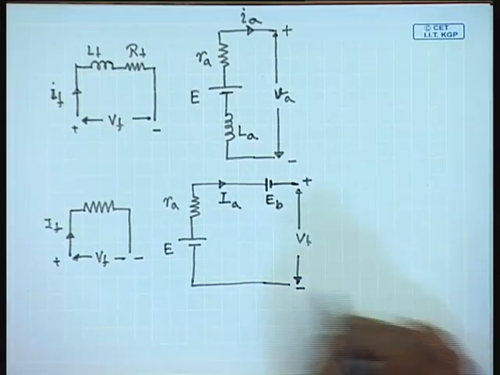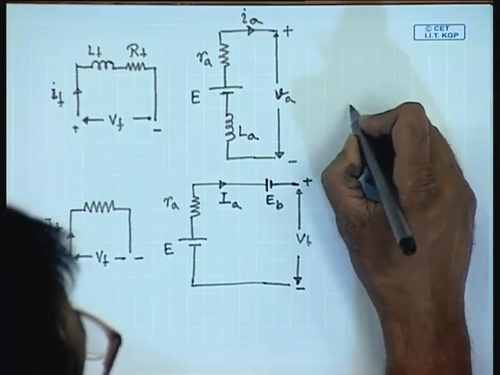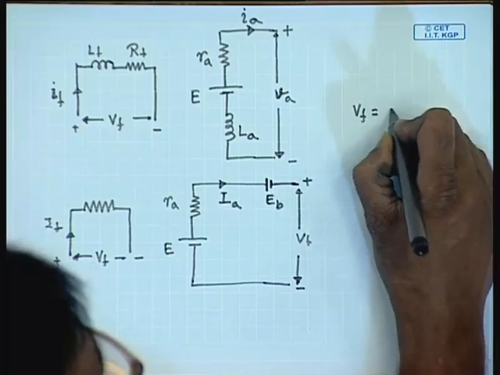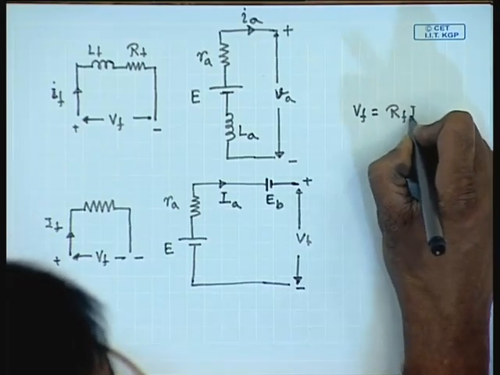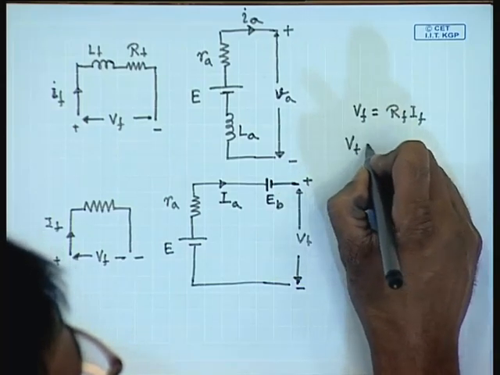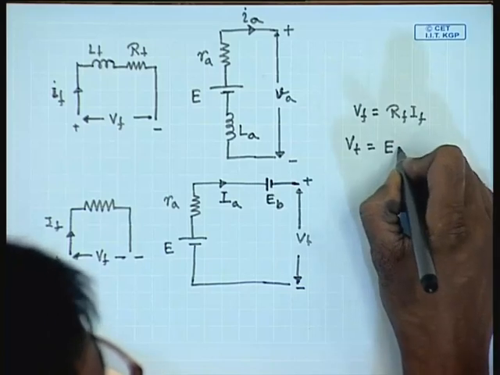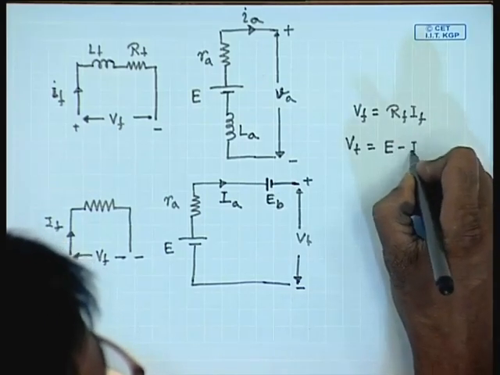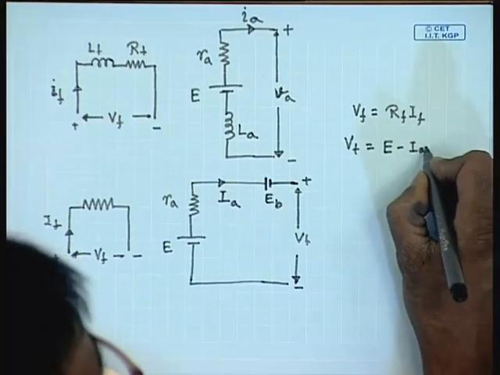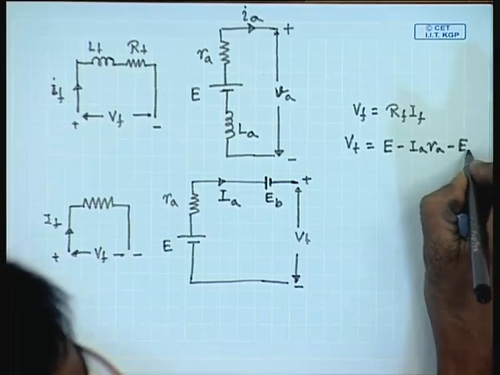Therefore, the steady state equations of a DC machine can be written as Vf equal to Rf If, Vt equal to E minus Ia Ra minus E brush.